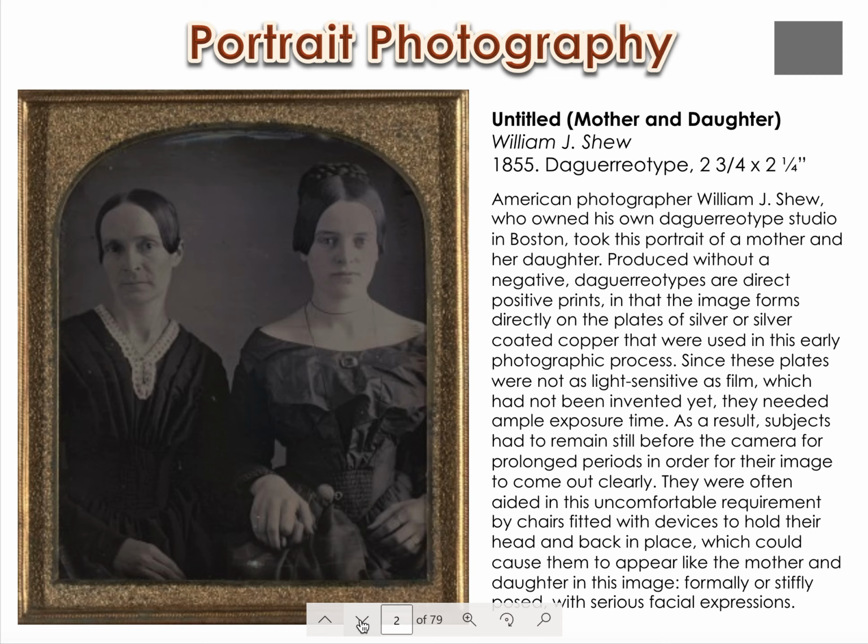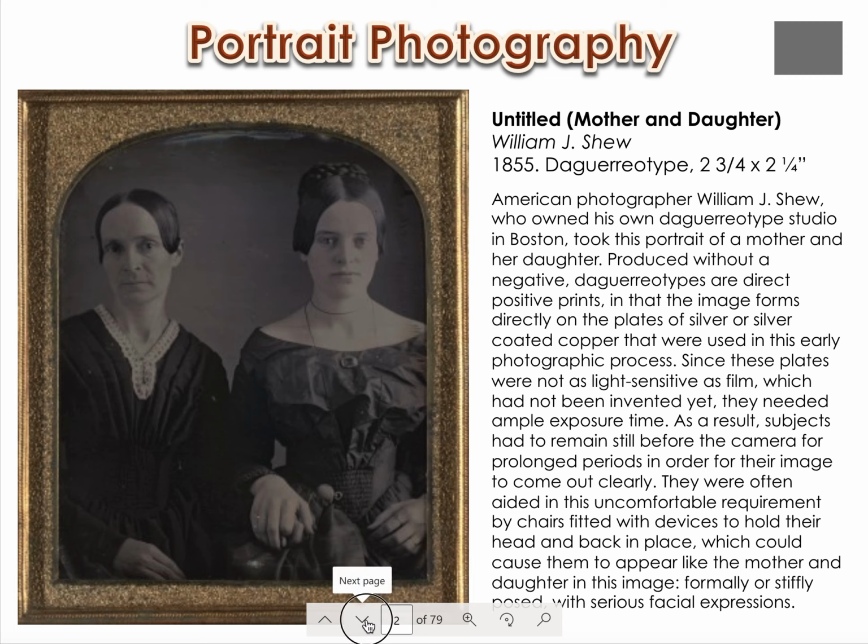You don't see people smiling, and you can see a little bit of blurriness here where maybe she moved her hand, but they were sitting in very rigid chairs that prevented them from moving. That was the origin of portrait photography.